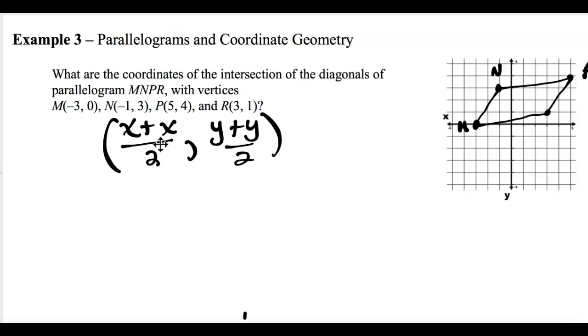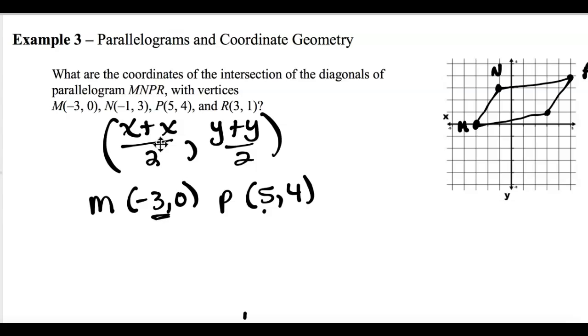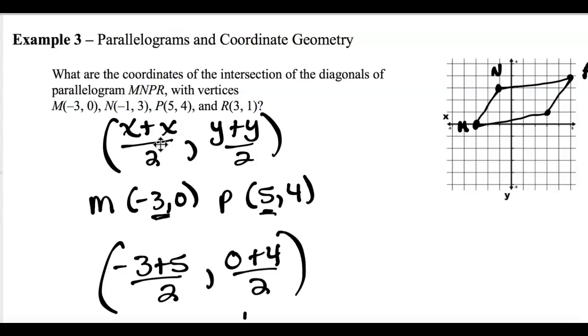The graph is important here because I need to know which to choose. I'm going to use M and P. M was given as negative 3, 0. P was given as 5, 4. So in order to do this, we're going to add our x values together. So I get negative 3 plus 5 over 2, and then we're going to get 0 plus 4 over 2. And that will be my midpoint.